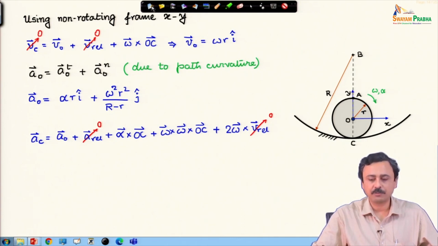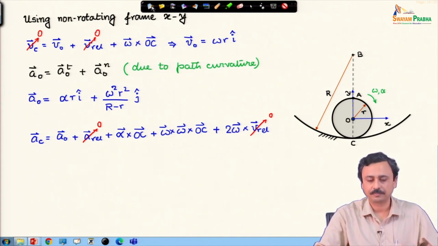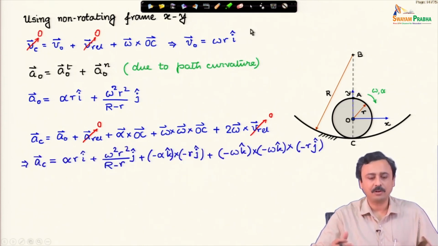Therefore, our acceleration of point C is this master equation where A rel and V rel are 0. I am representing it in terms of the acceleration of O. If I just plug in all these expressions, the acceleration of O is known to me. I have just written there alpha cross OC, where alpha you can represent as minus alpha k cap, and OC is minus r j cap.